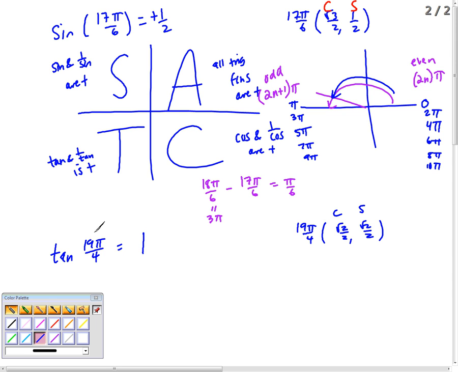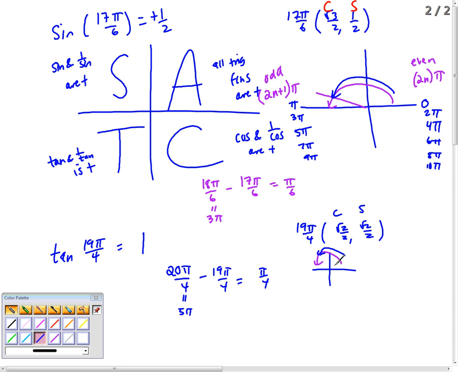Then I need to figure out where 19 pi over 4 is. What's the closest multiple of 4 that ends up being a whole number? 20 pi over 4 minus 19 pi over 4 leaves pi over 4 remaining. 20 pi over 4 reduces to 5 pi. So I would start here and end up here, but I don't quite get there. I get right here, so I'm still in quadrant 2.